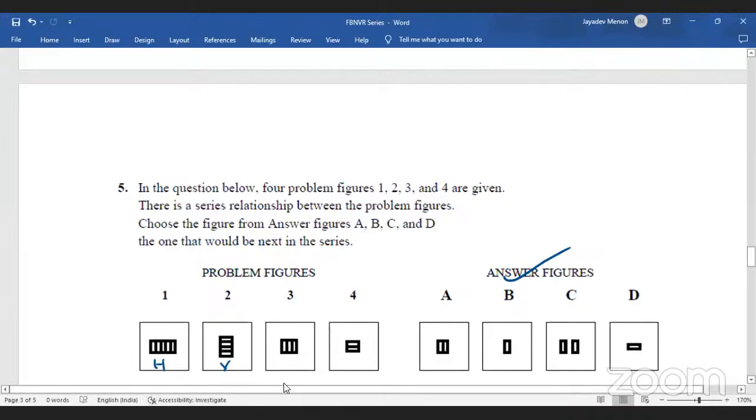In the third figure, again the number of rectangles decreases by 1 and the shape changes to horizontal. In the fourth figure, again the number of rectangles decreased by 1 and this is vertical. So the next one should be horizontal, only 1 rectangle, which should be horizontal. This is vertical, this is horizontal. So option B is the answer.